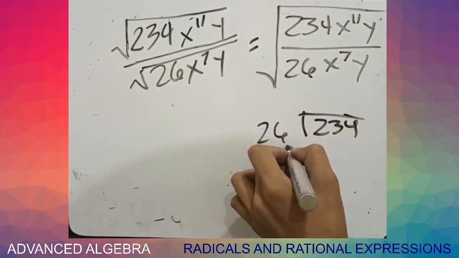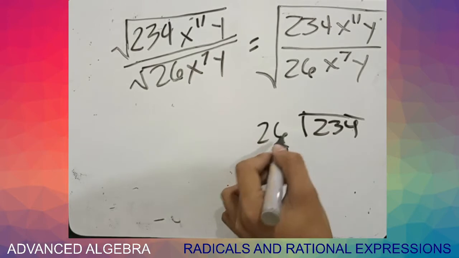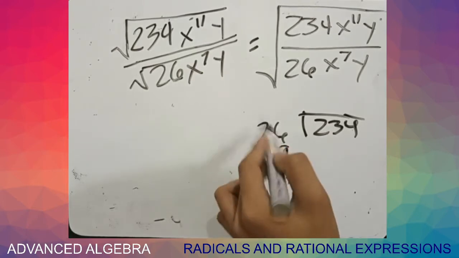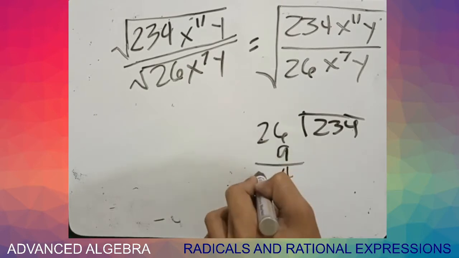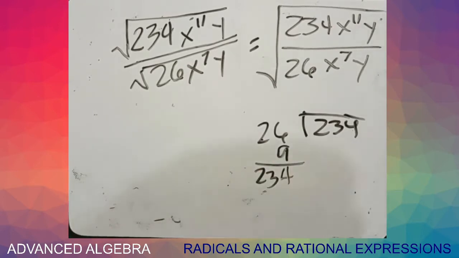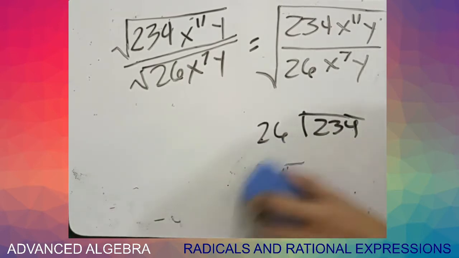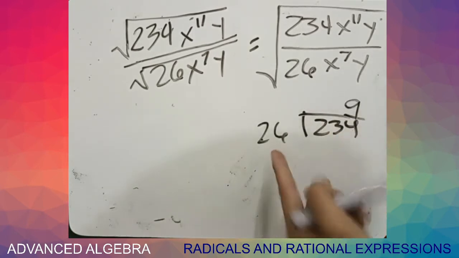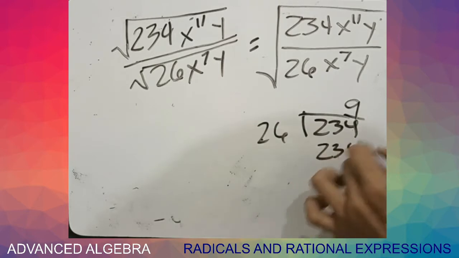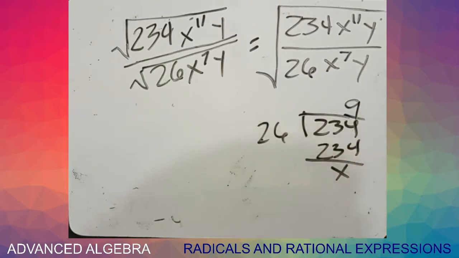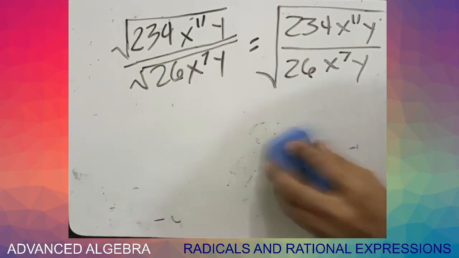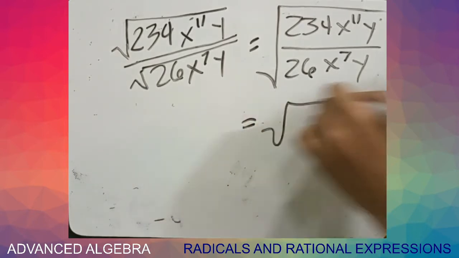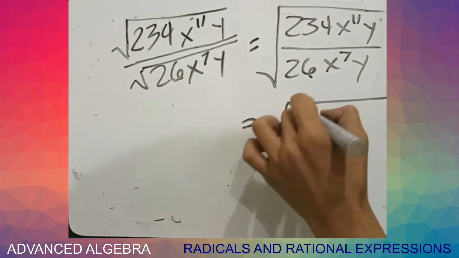So, try natin yung times 26 sa 9. 9 times 6 is 54 plus dito 5. So, 9 times 2, 18 plus 5 is 230. So, ibig sabihin, pag dinivide natin si 234 sa 26, ang sagot ay 9. Okay. So, 9 ang sagot.